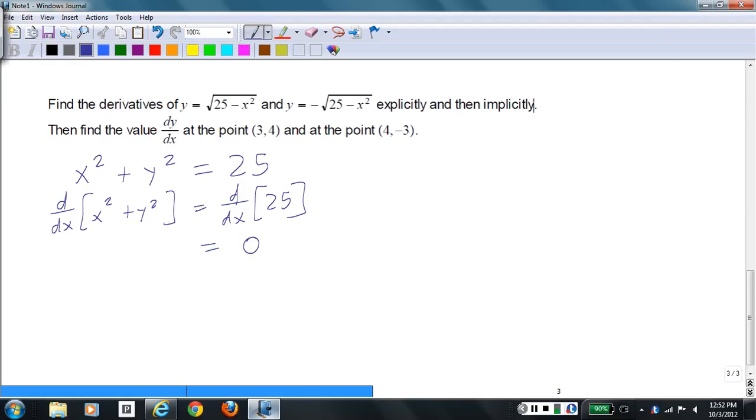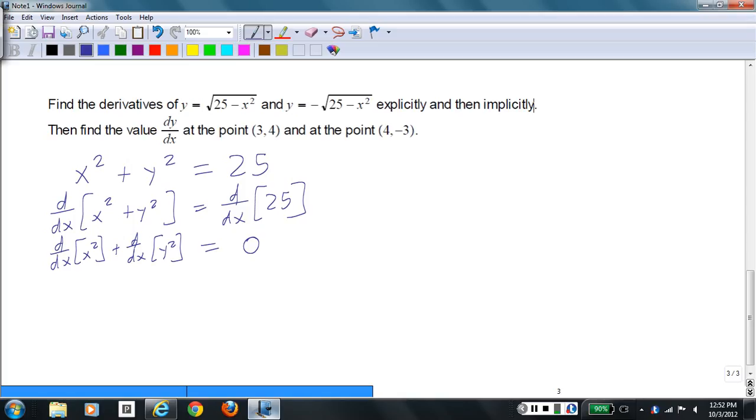And on the left, we really have to think about the sum and difference rules. They seem pretty straightforward when we used them to differentiate polynomials, but here it's the derivative of x squared plus y squared. The sum rule says this is the derivative of x squared plus the derivative of y squared.